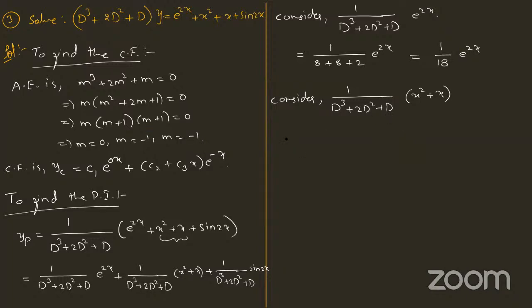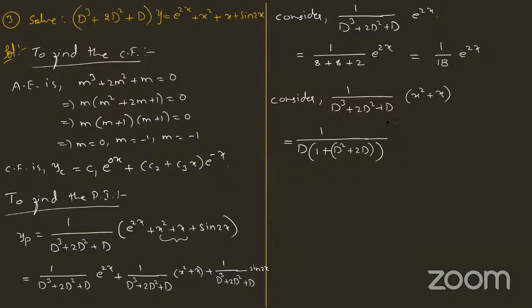So you can write it as 1 divided by, I'm writing D aside in the denominator, so D multiplied by what remains there. When you take D out of this, you will get 1 plus D square plus 2D, isn't it?